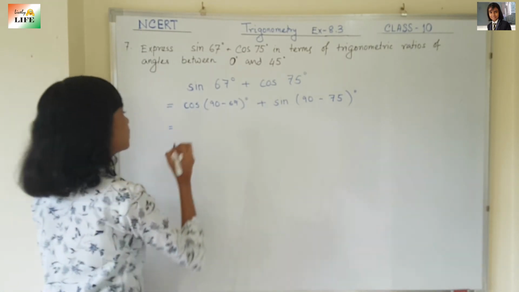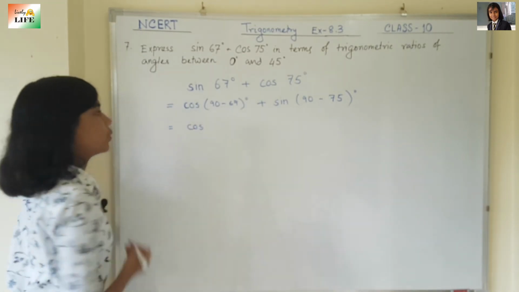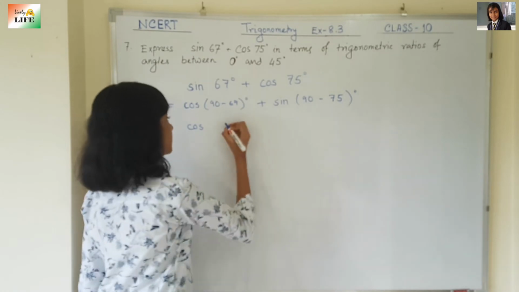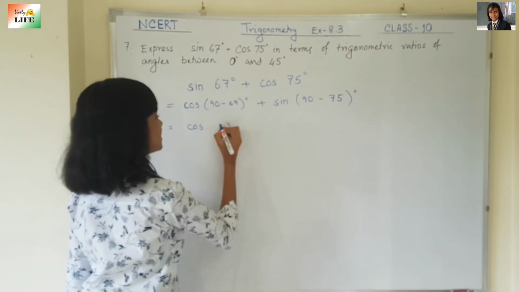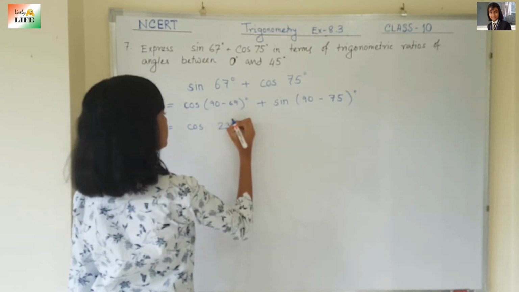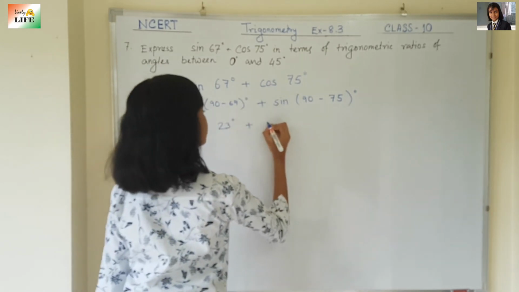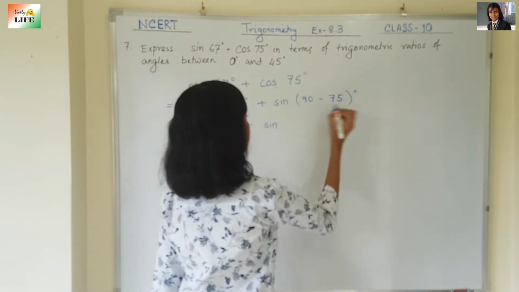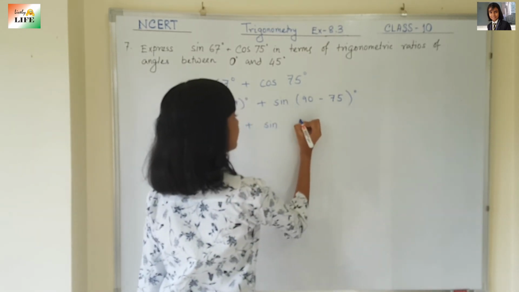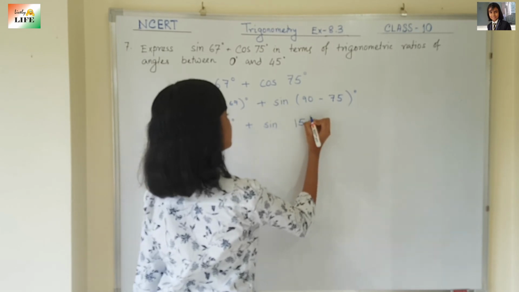Now, what is 90 minus 67? It is 23. Cos 23 degree plus sin, what is 90 minus 75? It is 15.